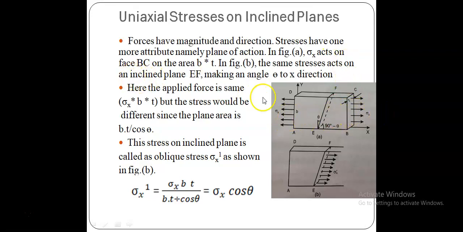Sigma x acts on face BC, the BC face, of area B into T. This is the vertical distance B, and this is the thickness T. So this face has an area of B into T, and the same stress acts on an inclined plane EF. Let us take an inclined plane.